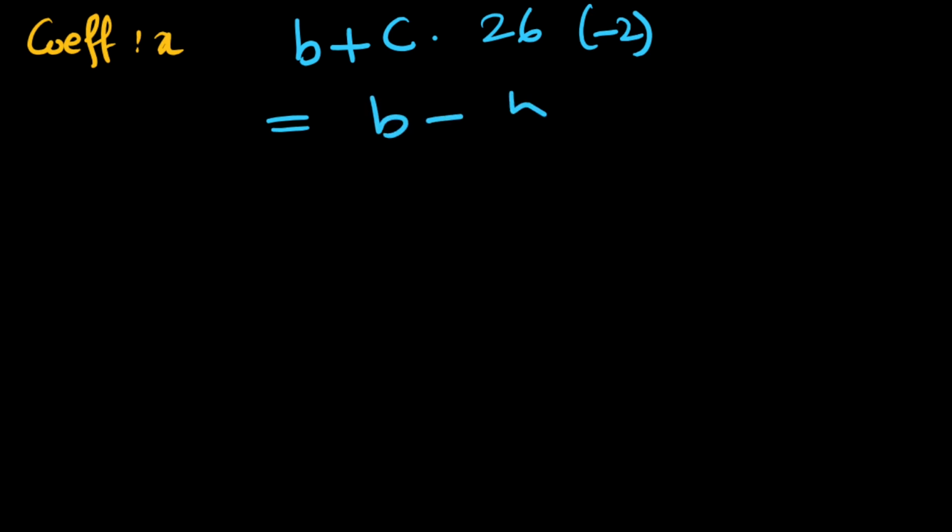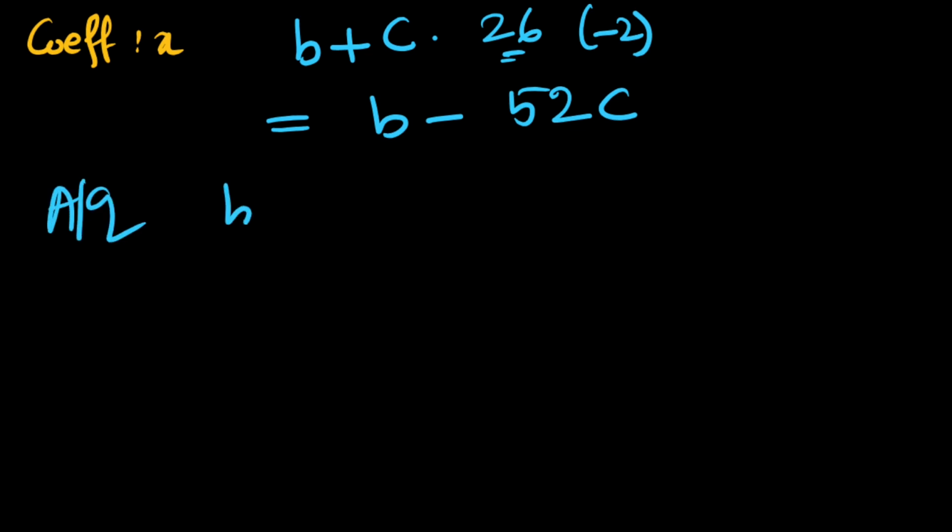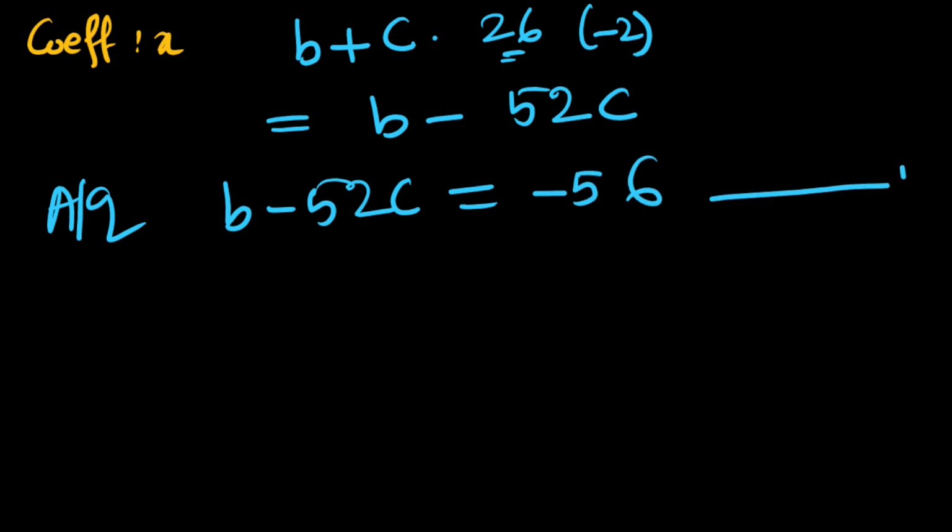Therefore the coefficient of x is equal to b plus c times 26 into minus 2, so it is equal to b minus 52c. Given that the coefficient of x is equal to minus 56, according to the question, b minus 52c is equal to minus 56. We number this as 1.